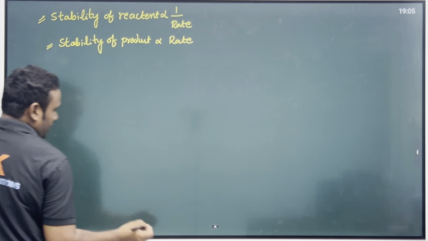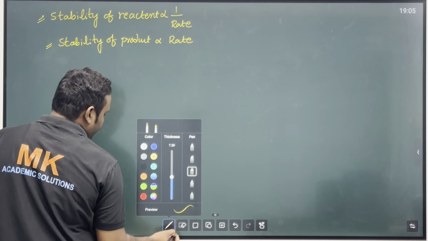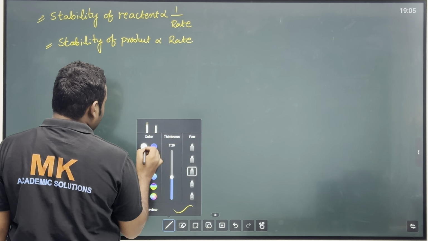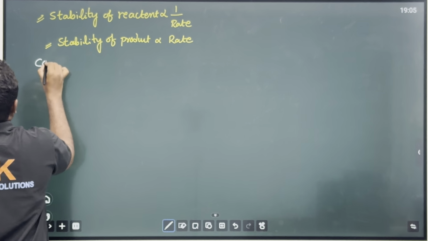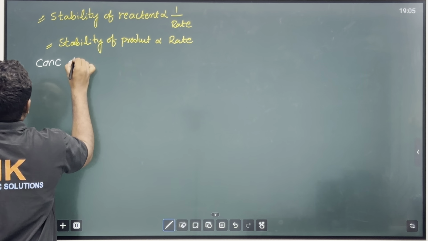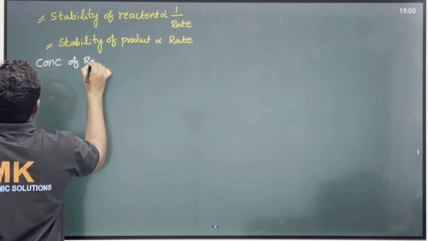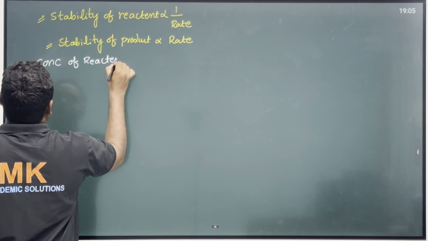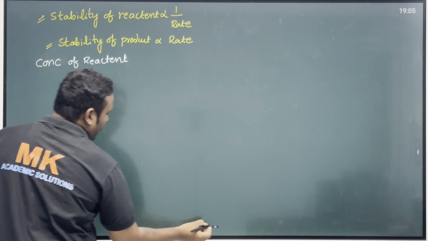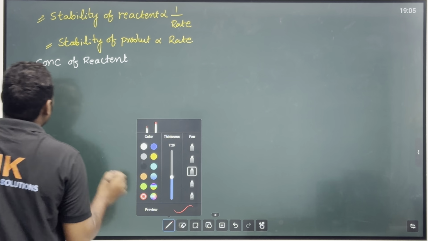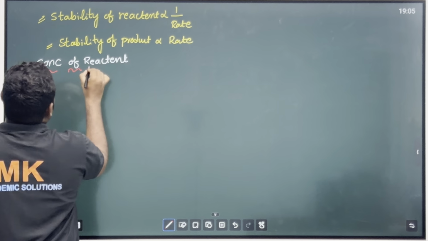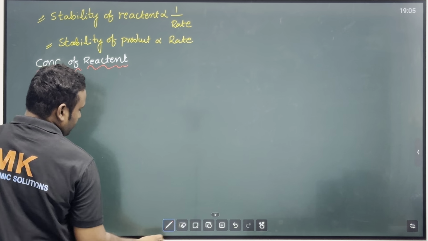Next one, what is the next factor which affects the rate of reaction? That is concentration of reactant.